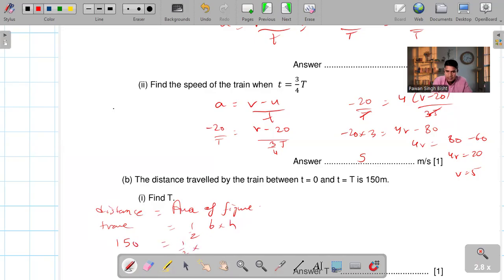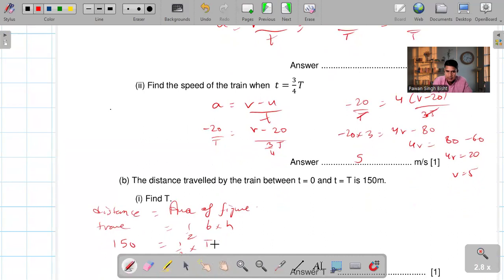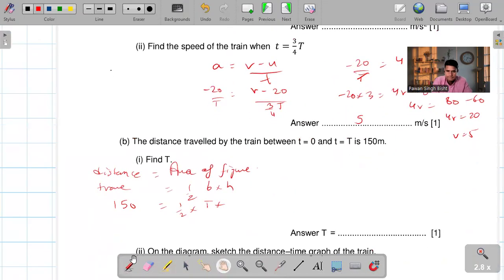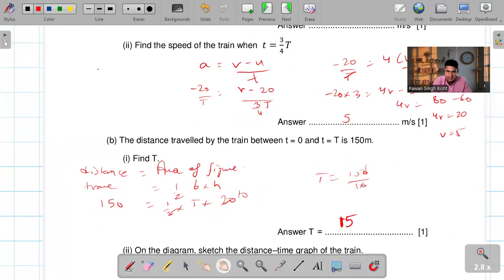Base is t and height is 20. Half times 20 is 10, so t is 150 divided by 10, that is 15. So time is 15 seconds.